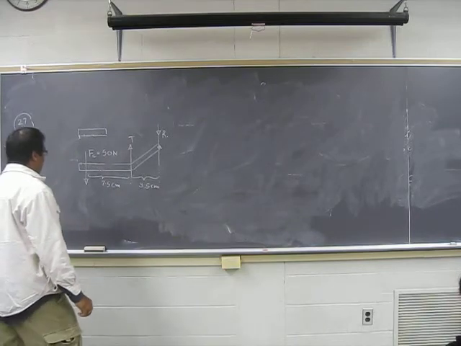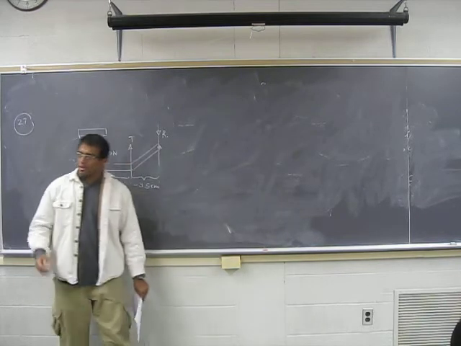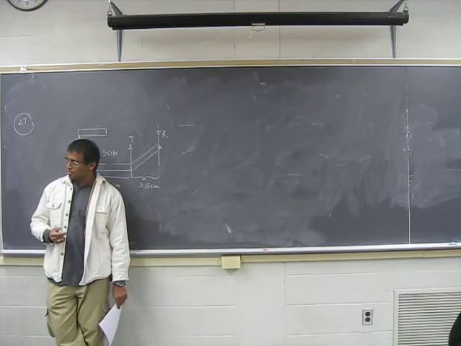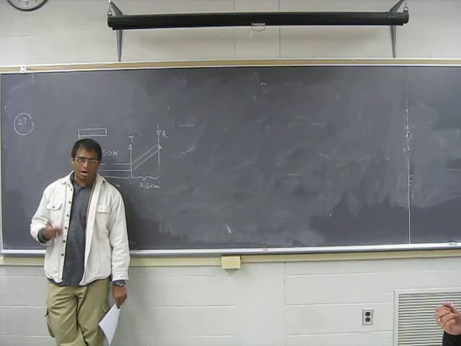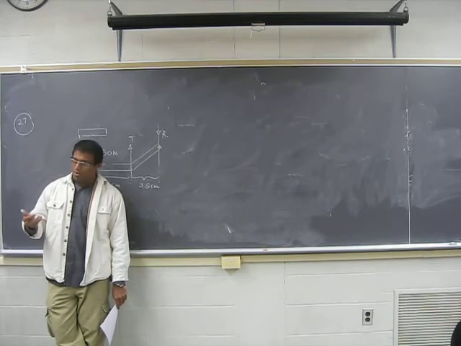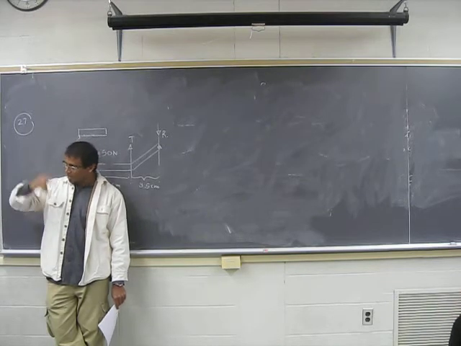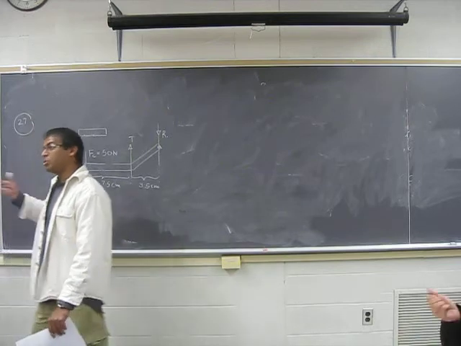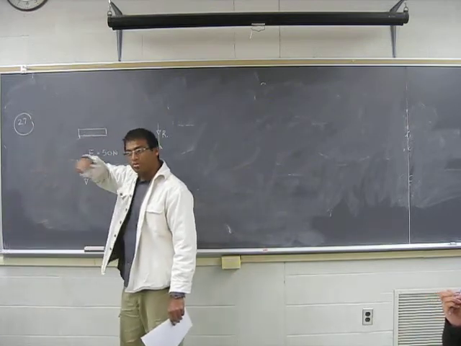Now, when we talk about motion, there's two types of motion. Since we discussed a lot about translational motion, in other words, things are moving, now we are at a point that we will talk about rotational. Sometimes things just rotate, they don't go anywhere. Like think about a merry-go-round.